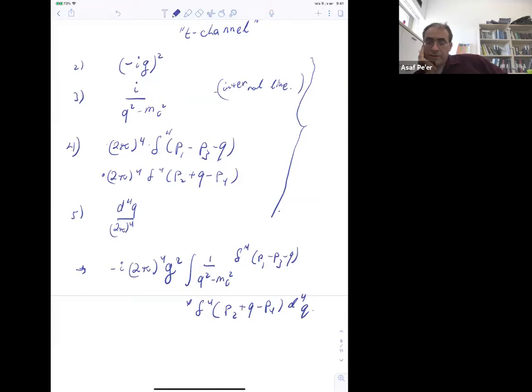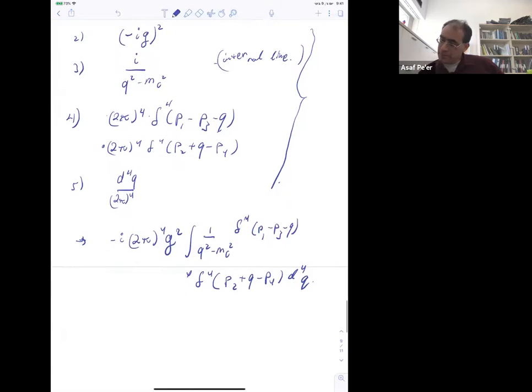Now we really have 2 delta functions. So we don't really have to carry out the integration, because the delta function will just cancel with the integration. So rather than the integration, we just write down Q is P4 minus P2.